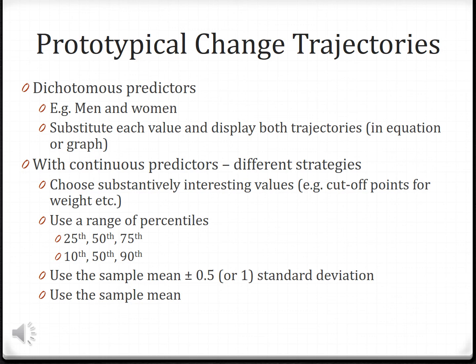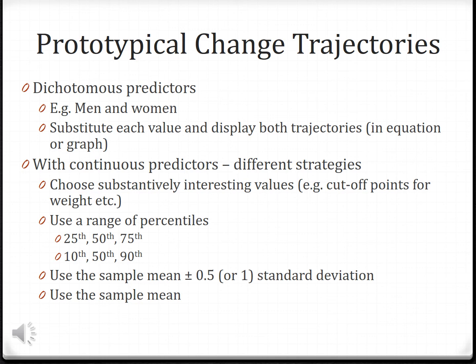Another way is use of a range of percentiles. 25th, 50th, 75th percentile would be three trajectories you can actually show. Some people might go with 10th, 50th, and 90th percentile, but that depends on your research question, what the field is kind of interested in.